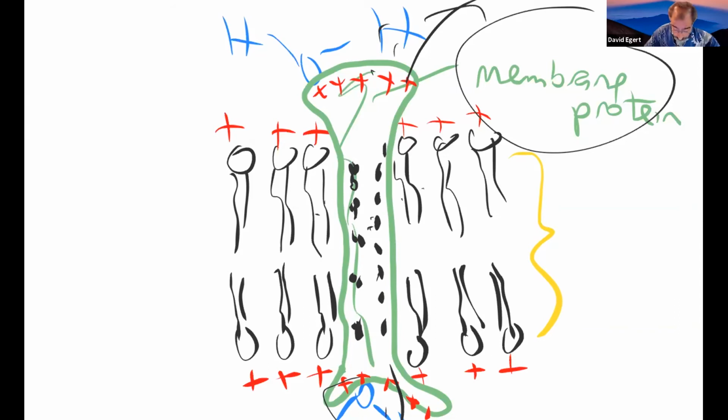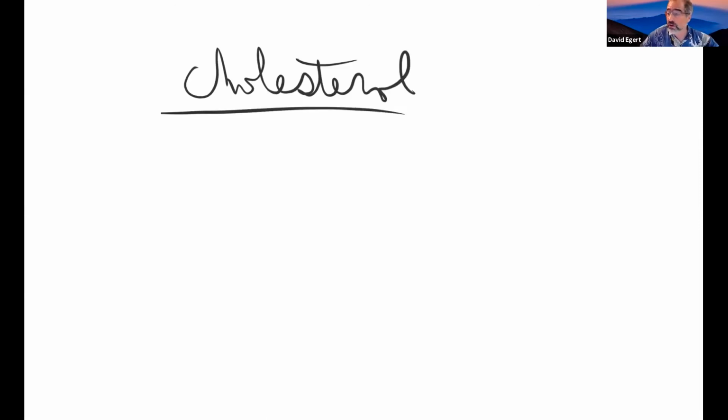The other important lipid are cholesterol and cholesterol-based molecules. Cholesterol is something that has rings. I don't even, maybe I can share it with you.